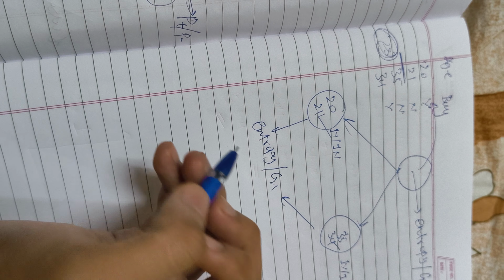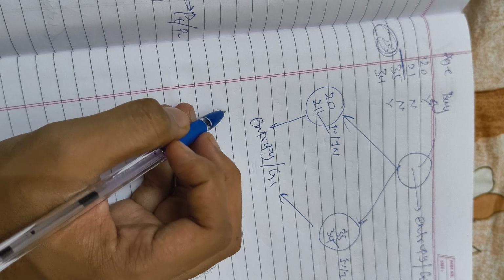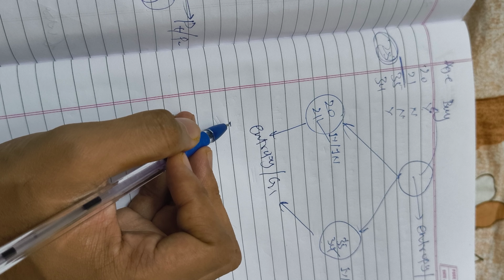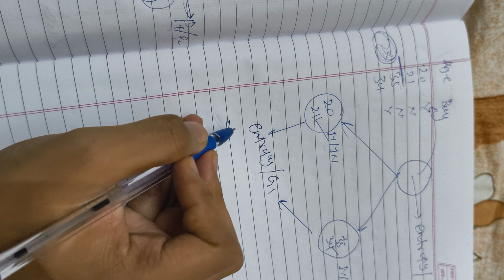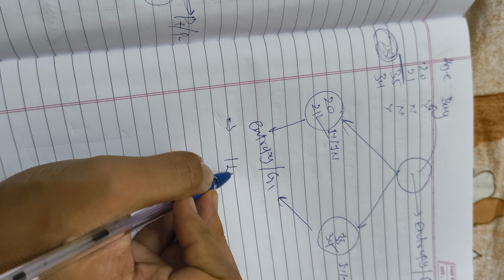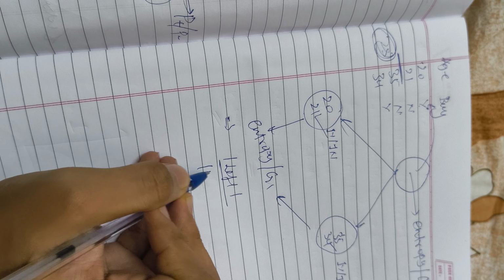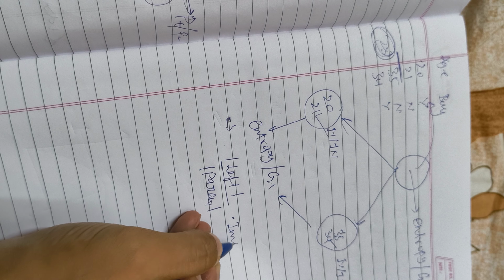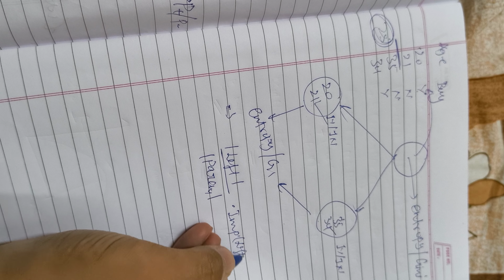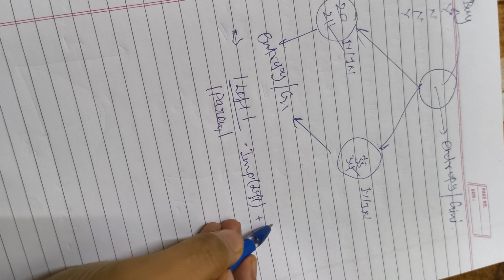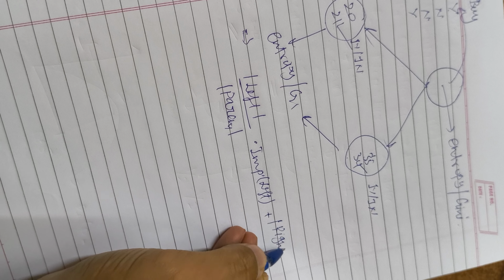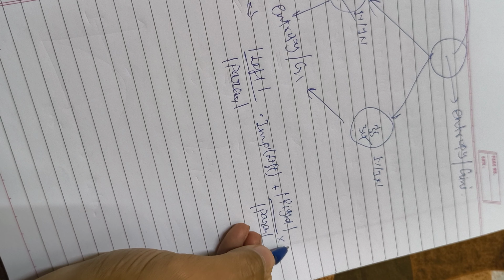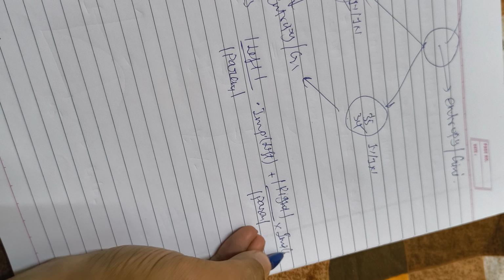The weighted impurity will be equal to the formula: left upon parent into impurity of left node, plus right upon parent into impurity of right node.